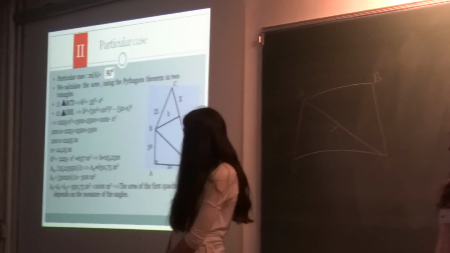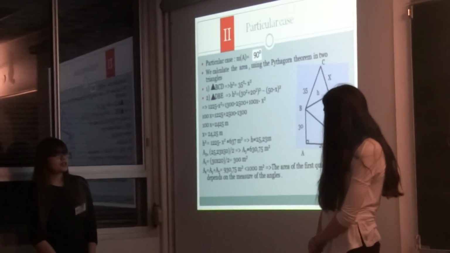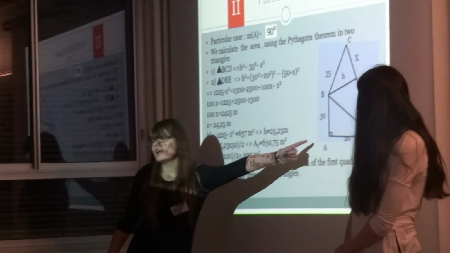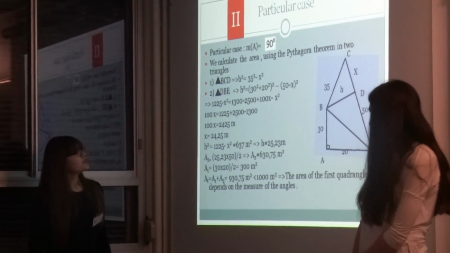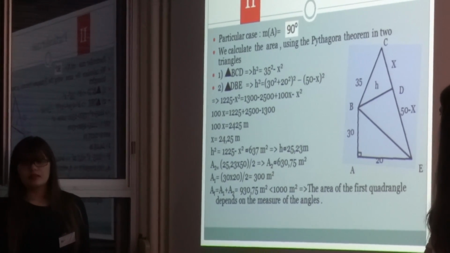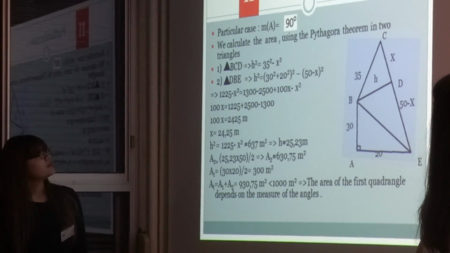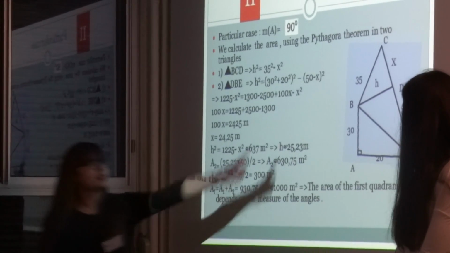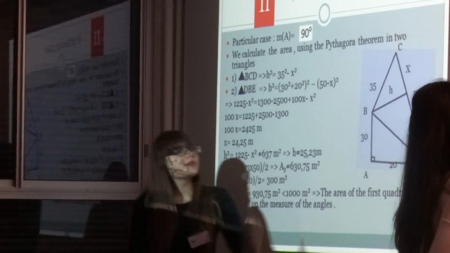For that one, we took a particular case in which the value of the angle is 90 degrees. So we calculate the area using the Pythagorean theorem in two triangles, BCD and BDE.